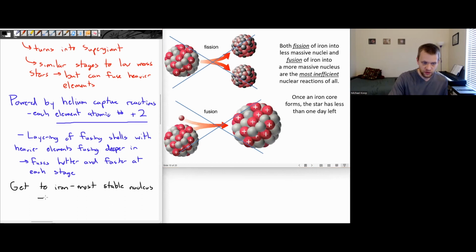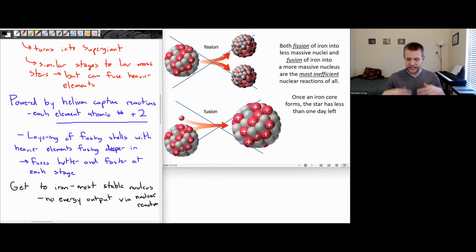So no energy output via fusion, via nuclear reaction. So the star's about to die.